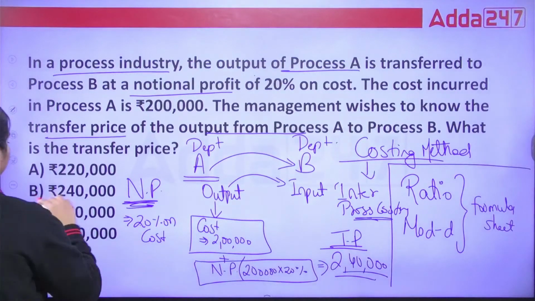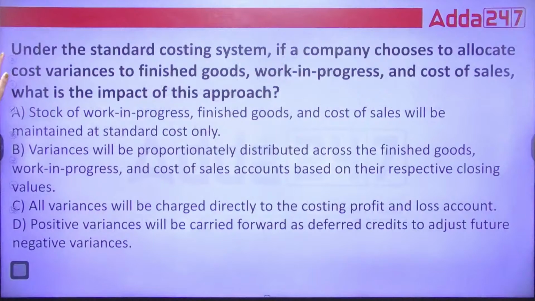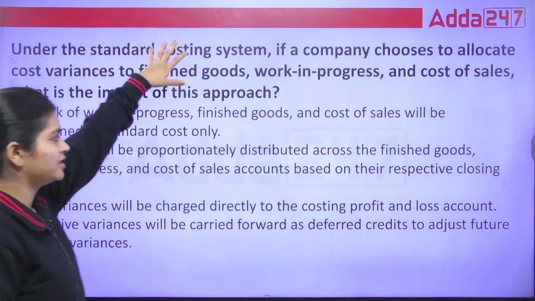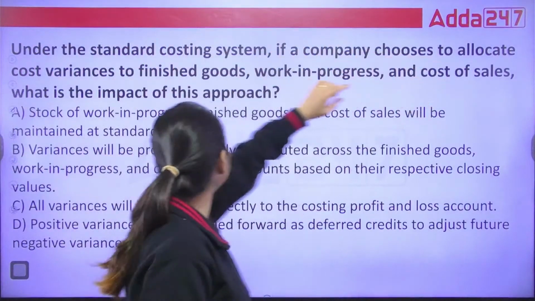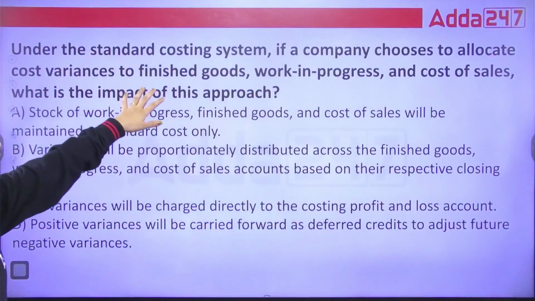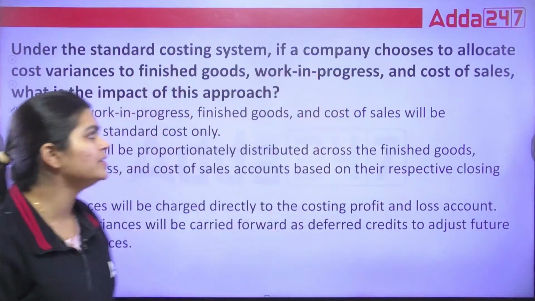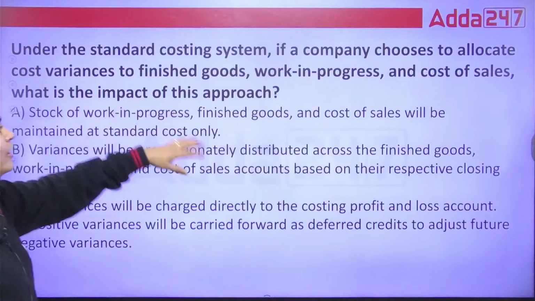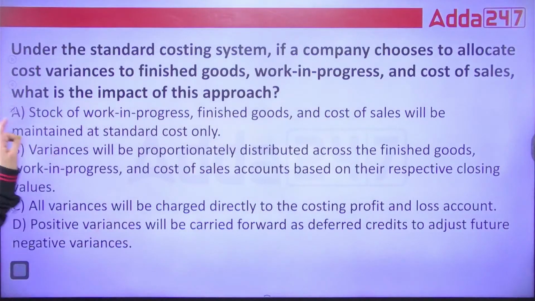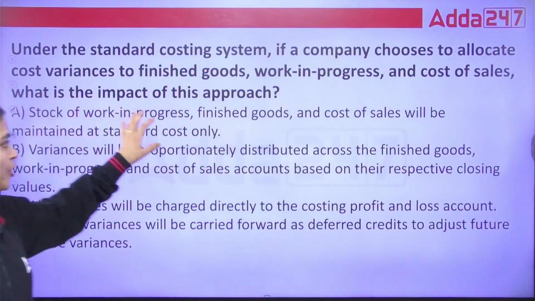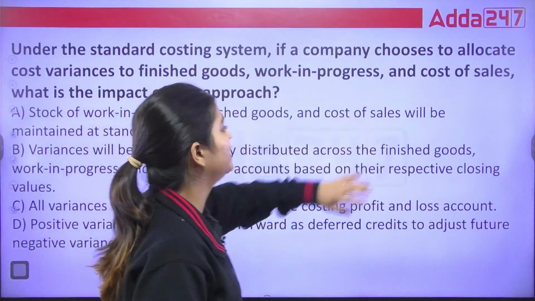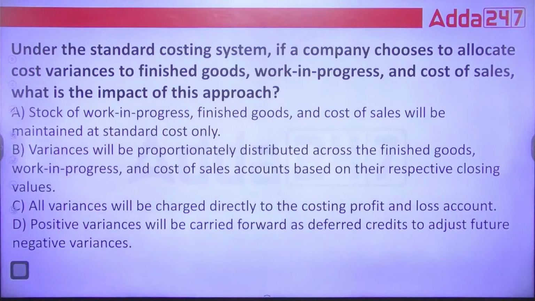Chaliye, let's see the next question. Under the standard costing system, if a company chooses to allocate cost variance to finished goods, work in progress, and cost of sales, what is the impact of this approach? A. Stock of work in progress, finished goods, and cost of sales will be maintained at standard cost only.